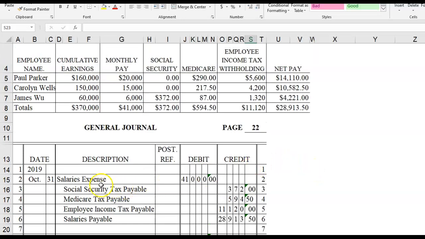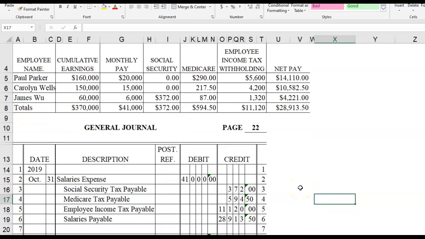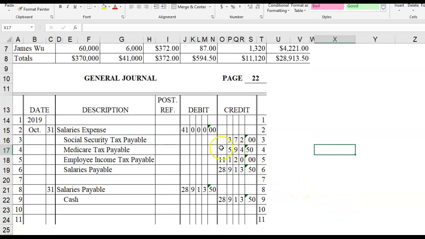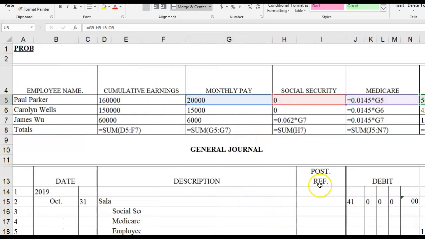So you got your salary expense, $41,000, which is given to you in the problem. And then how to journalize everything again. And again, this was also doing the math. But let's take a look at the math for one second, because I want you to see the formulas, which you probably can't see. So I'll hit Control Tilde, and now we can actually look at what's going on.